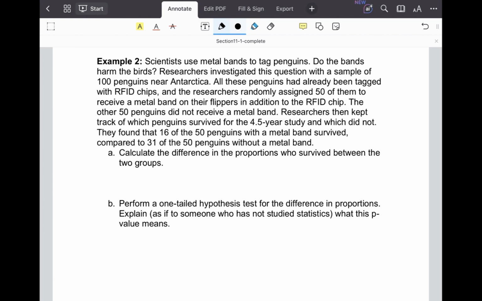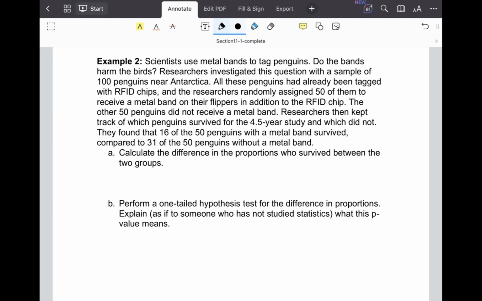Researchers investigated this question with a sample of 100 penguins near Antarctica. All these penguins had already been tagged with RFID chips, and the researchers randomly assigned 50 of them to receive a metal band on their flippers in addition to the RFID chip. The other 50 penguins did not receive this metal band.